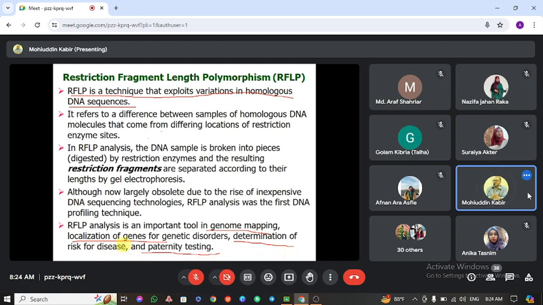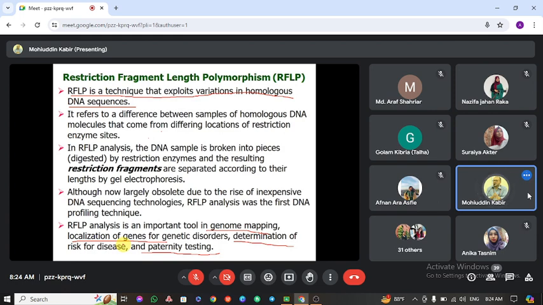We can pinpoint the location of a particular gene in the genome, and we can determine the variations by analyzing the cutting pattern.